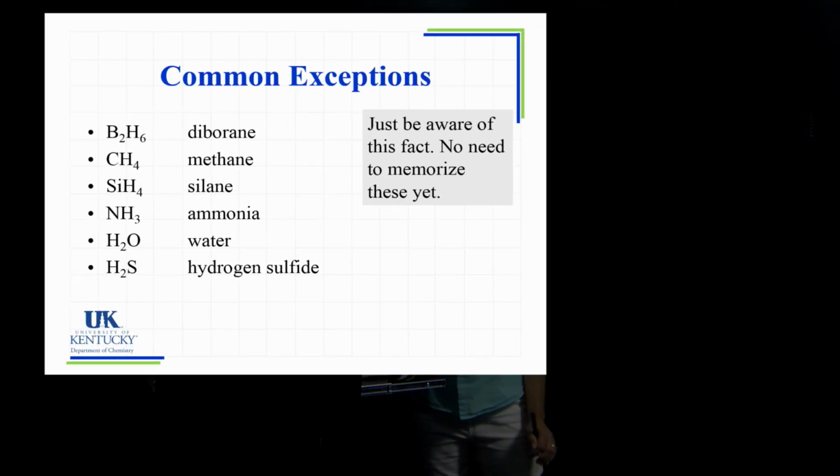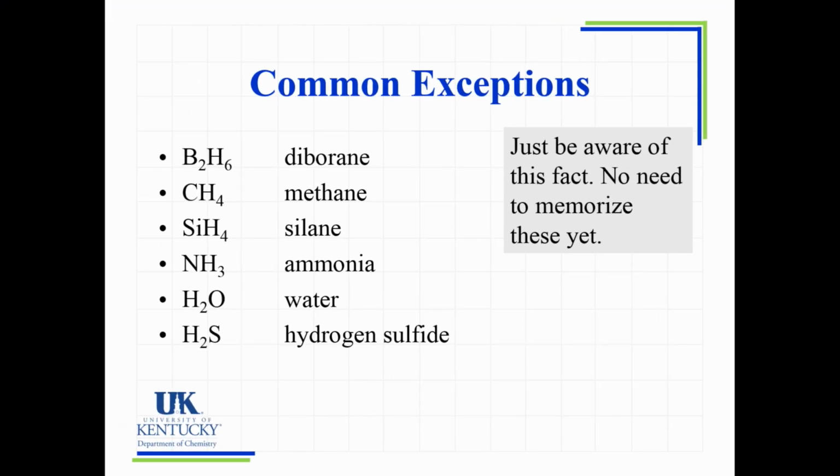It looks like most of these are the smaller hydride, hydrogen-containing compounds of some of these nonmetals, okay? So diborane instead of diboron hexahydride, and so forth. So you don't need to memorize those. You do definitely need to know that one, okay?